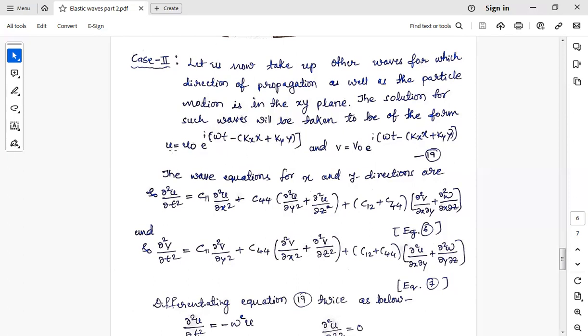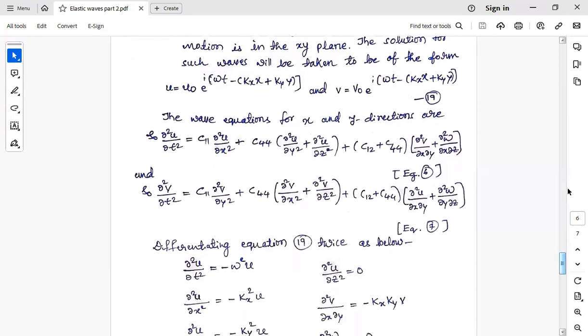So this gives the displacement of the particle along the x-axis, and this gives the displacement of the particle along the y-axis. So the two equations are there for x and y directions.